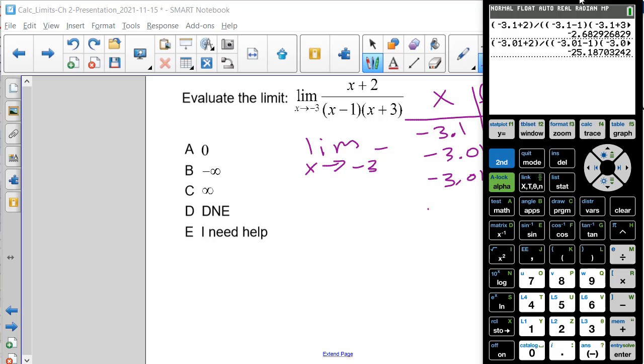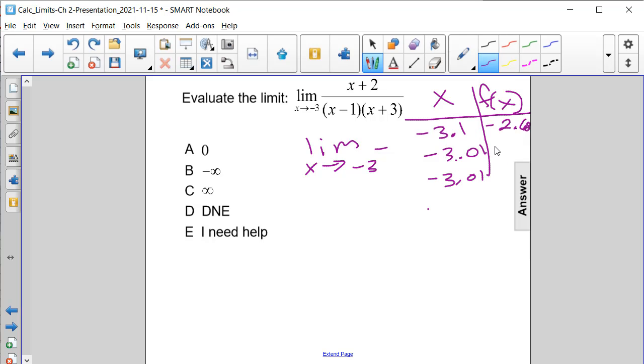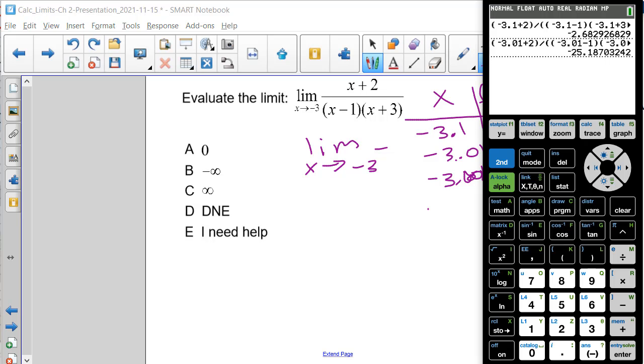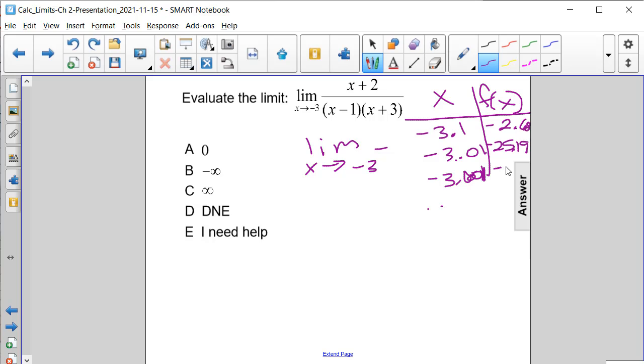When we do that, we will get a value of about negative 25.19. And now let's do negative 3.001. Let's substitute that in. And when we do that, we will get about negative 250.19.